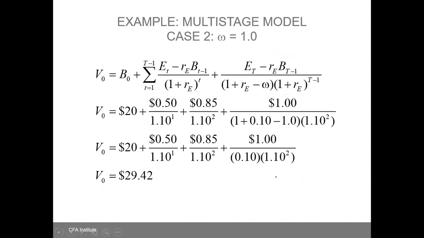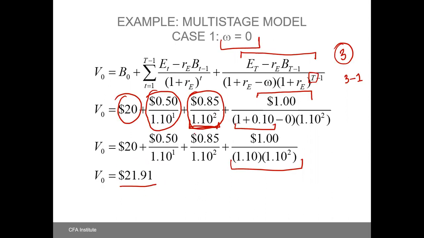So let's see if omega is equal to 1. If omega is equal to 1, what will we apply here? We will apply 1 here. And if we apply 1 here, instead of 1.1, it becomes 0.1. And what we see is the value 29.42, and here the value we see is 21.91.